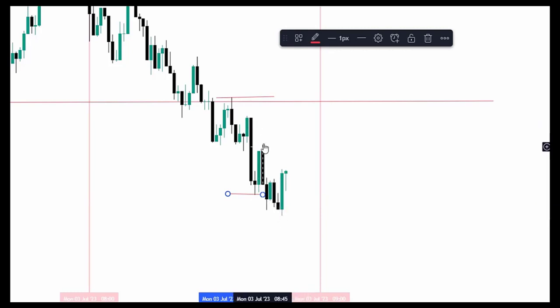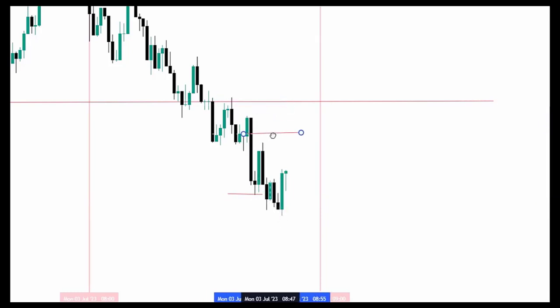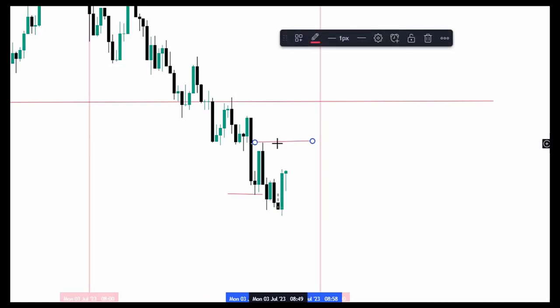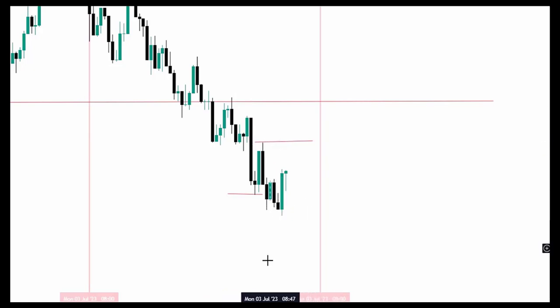So where is our recent swing high? Here is our swing high, and you can also say that you have a swing high here. Why? Because we have a lower high to the left and a lower high to the right.